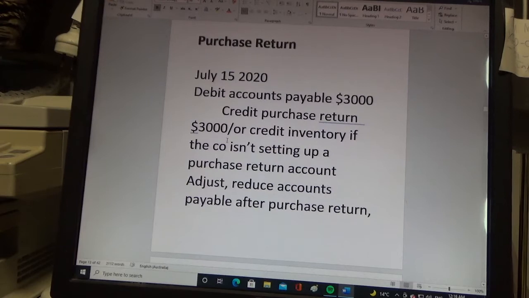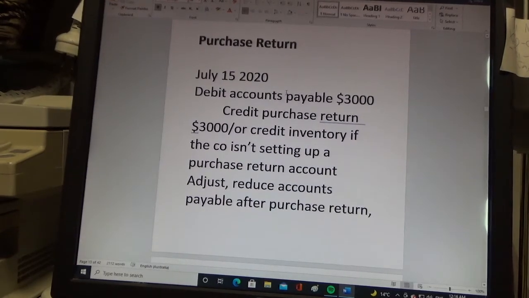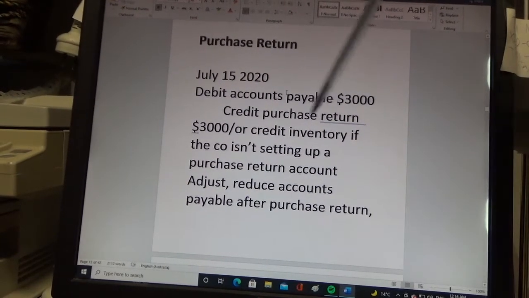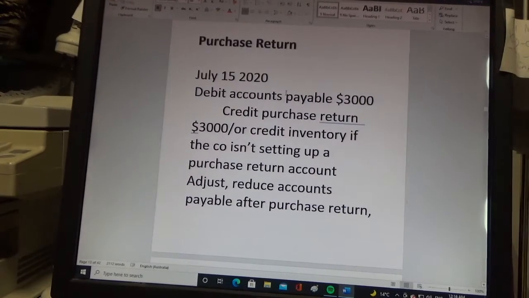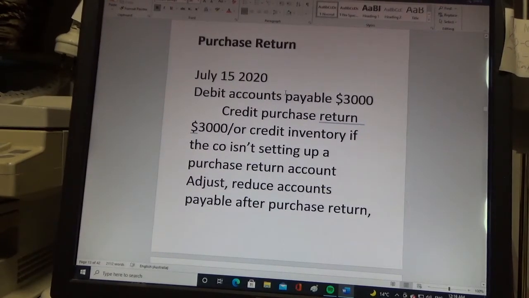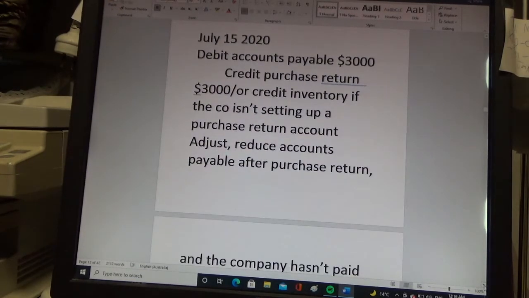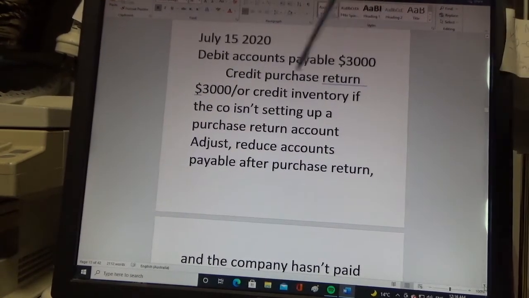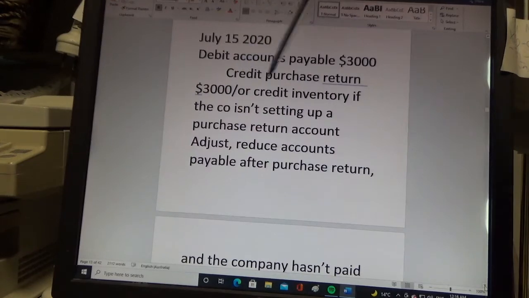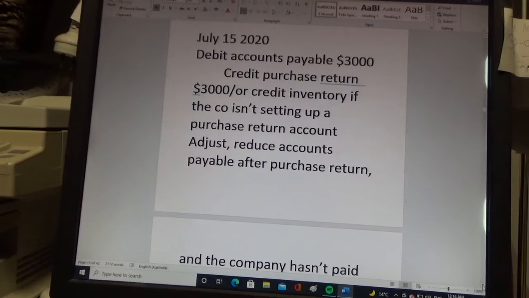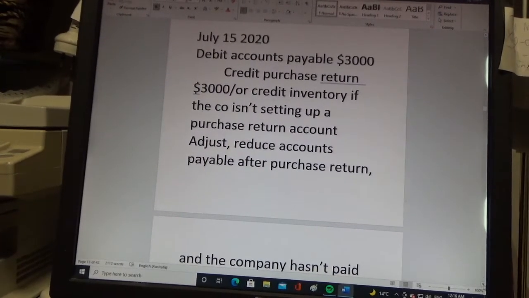Or if you don't want to create a purchase return ledger, you can just directly credit inventory, if you're not opting to set up a purchase return account. So it's debit accounts payable, reduce that, and credit either purchase return or credit inventory if you don't want to set up a purchase return account.